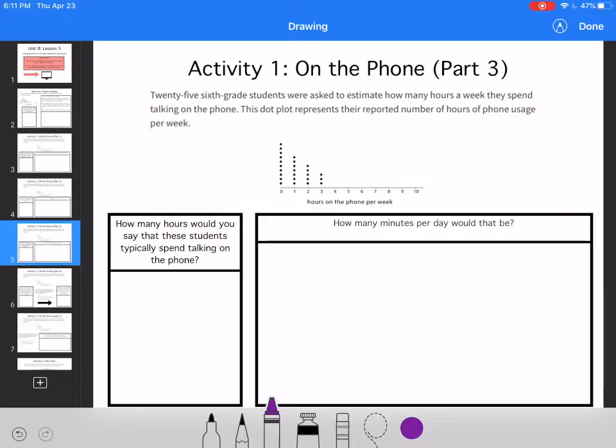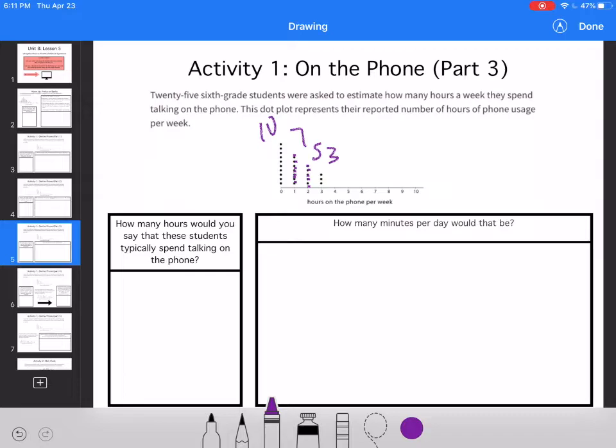How many hours would you say these students typically spend talking on the phone? Okay, so if I'm looking at my data, it's pretty low because I know that this is 10. So this is 1, 2, 3, 4, 5, 6, 7. 1, 2, 3, 4, 5, and 3.